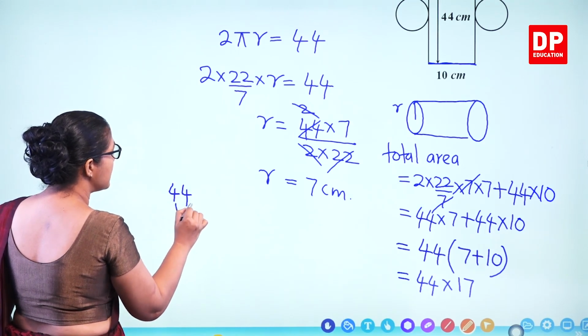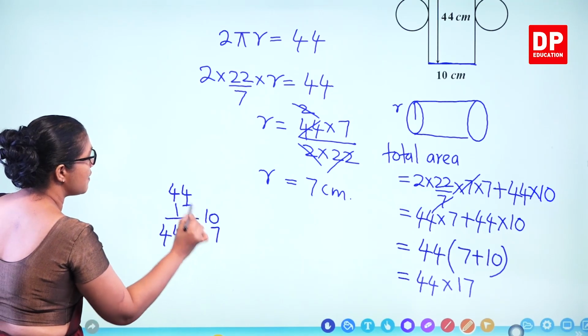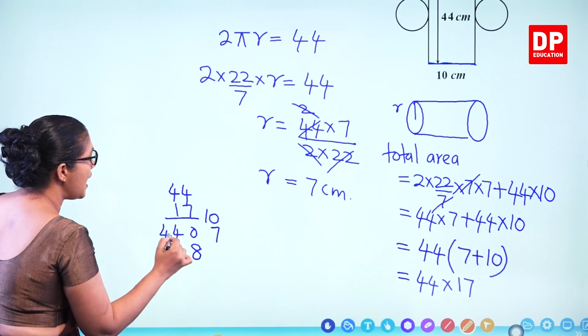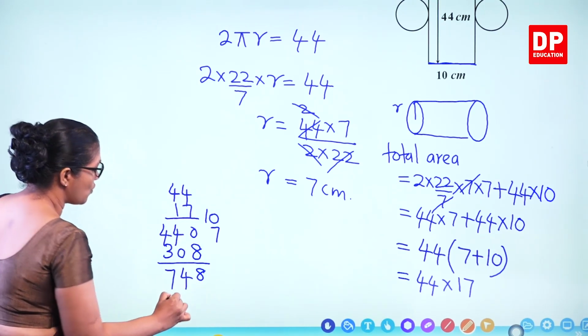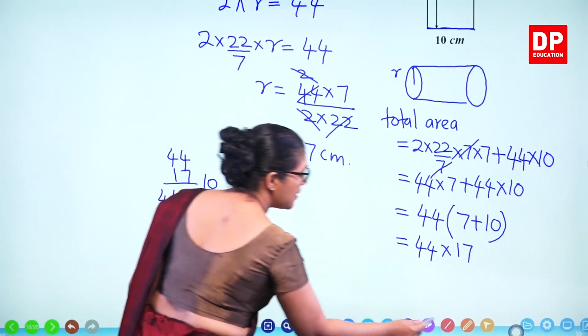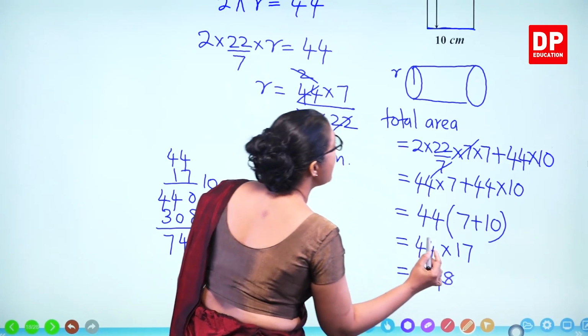44 into 17. 10 and 7. You get 7 times 4, 28. 7 times 4, 28 plus 2, 30. So 748 is the total surface area.